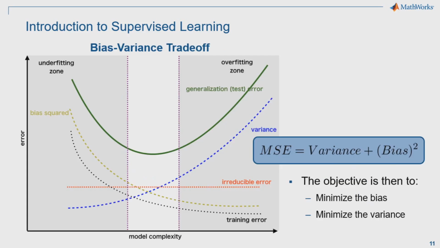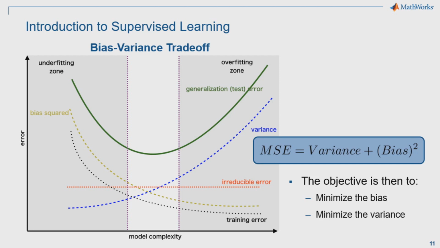So this is a nice picture to explain what typically happens. From the theory, we know that the mean square error, which is a nice metric for statistical estimators and also classifiers, can be decomposed into the variance plus the bias squared.